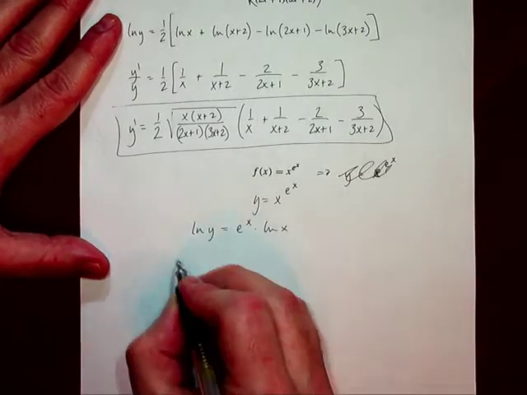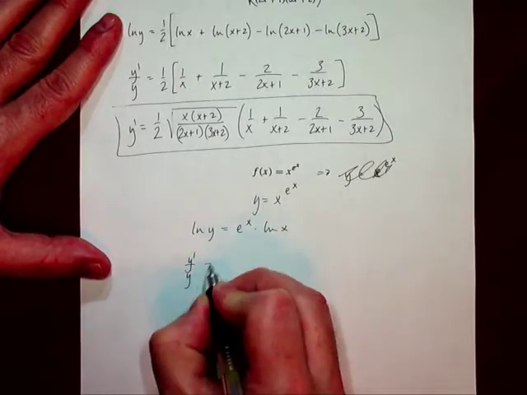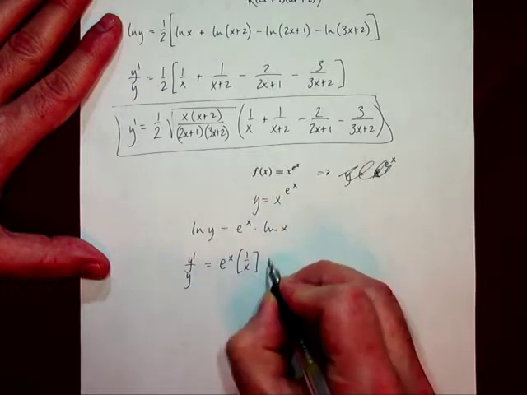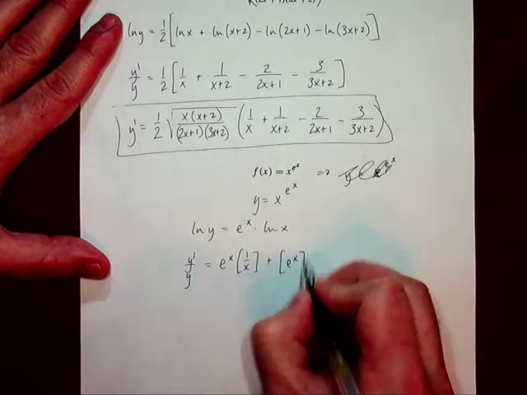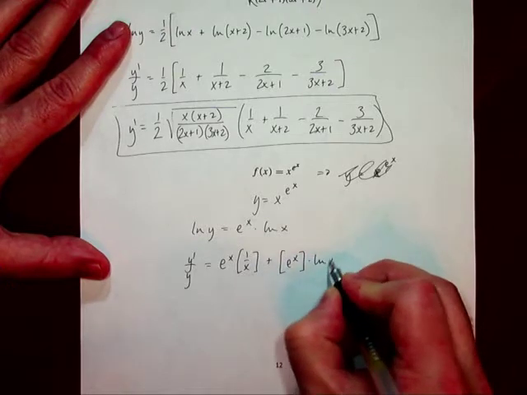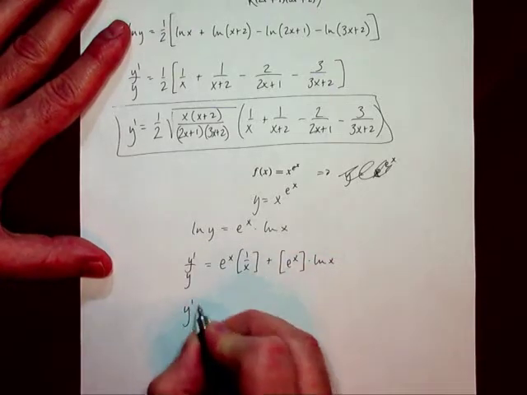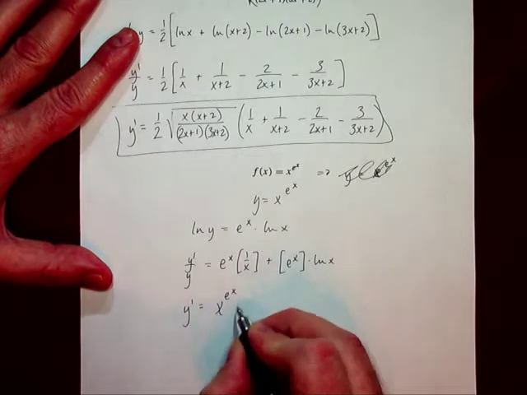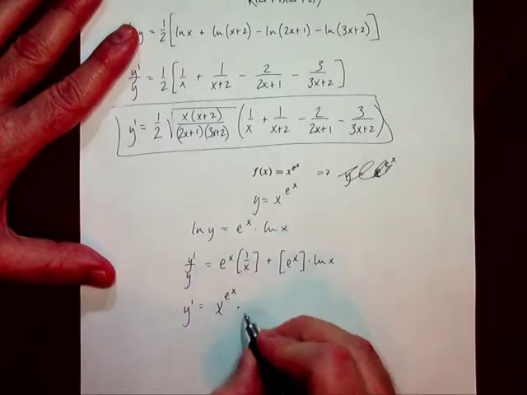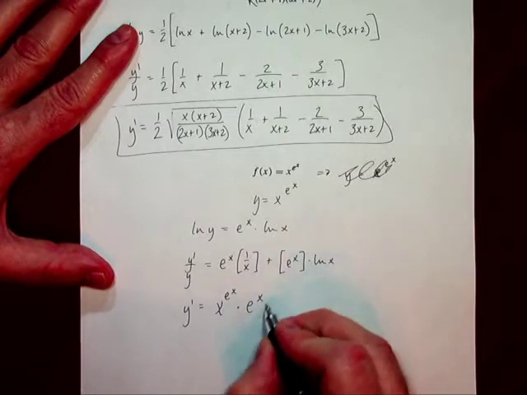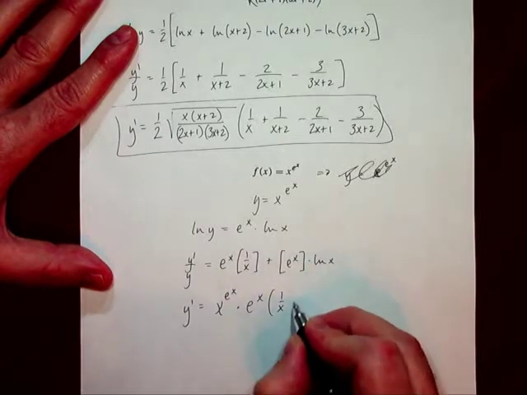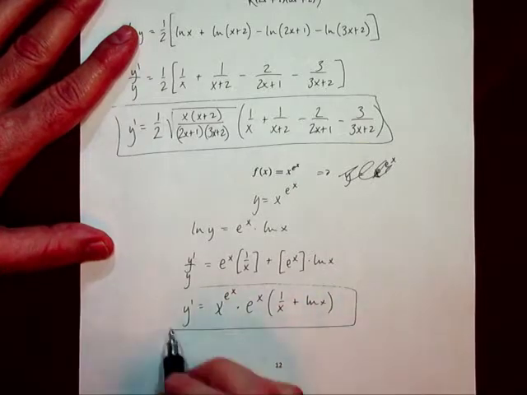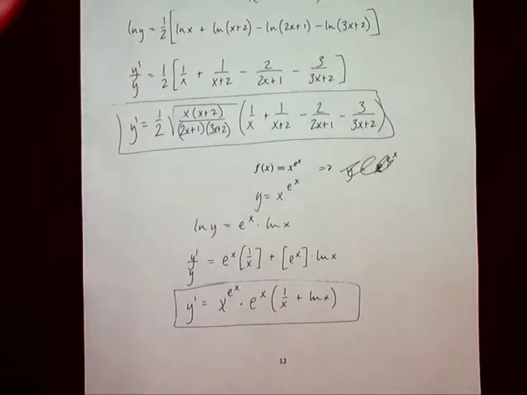Now we can differentiate: y prime over y, first times the derivative of the second plus the derivative of the first times the second. And my y prime is going to be equal to x to the e to the x times, I'm going to factor e to the x out of this derivative, and then I'm left with 1 over x plus natural log x. And while it's not very pretty, at least that's presentable.